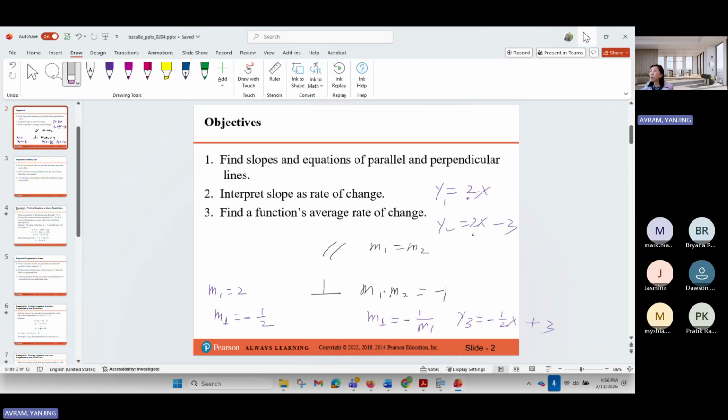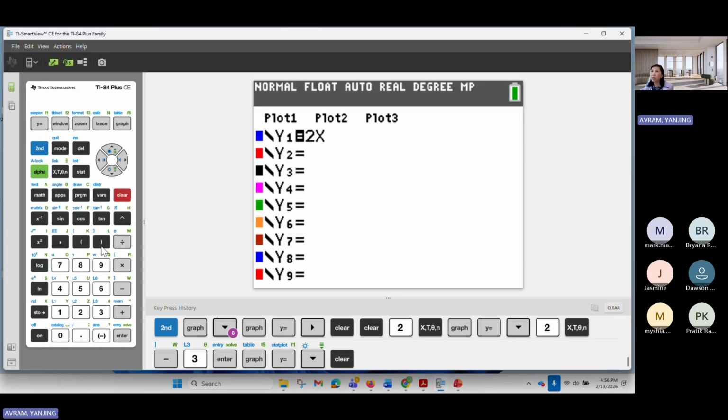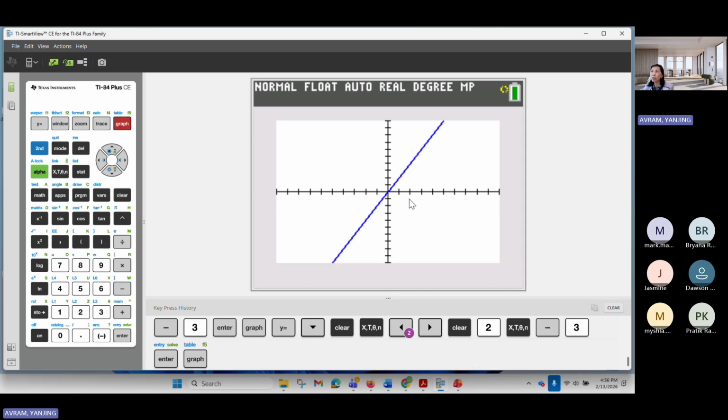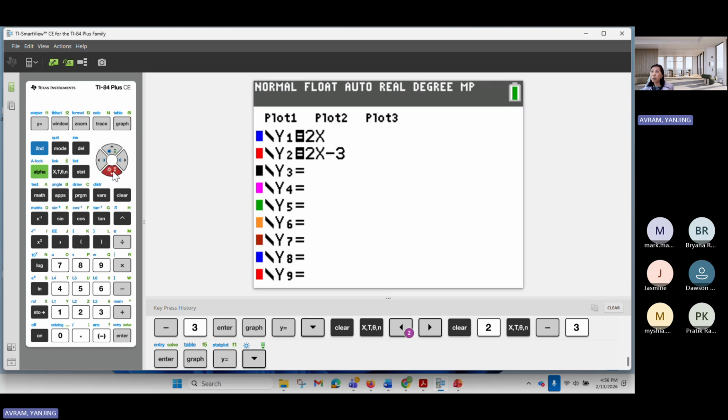We can make a graph in here. We can even graph a little bit more. We can have 2x minus 3, and you see these two lines are parallel. And I'm going to graph my y3 here, which will be negative 1/2x.